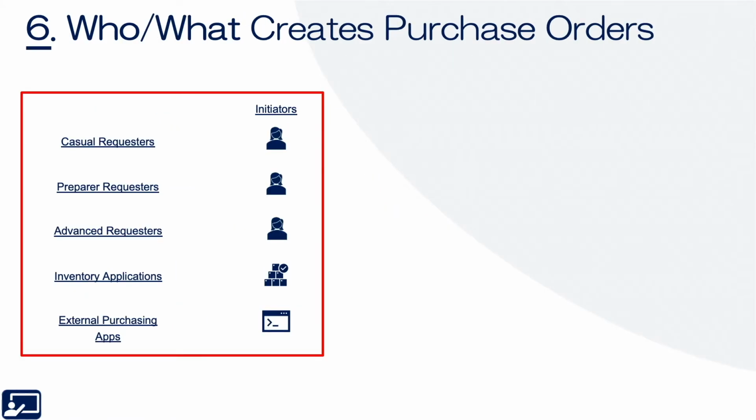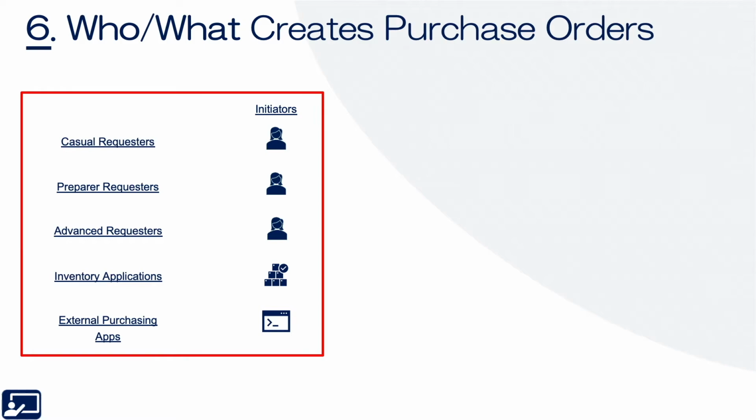Okay, sixth topic, who or what creates purchase orders? You can see, similar to what we saw in the requisition transaction overview video, we have a series on the left of casual requesters, preparers, advanced requesters. Remember, they could be preparers, but when you come to non-catalog requests, and particularly around inventory, they have expanded functionality in those pages.